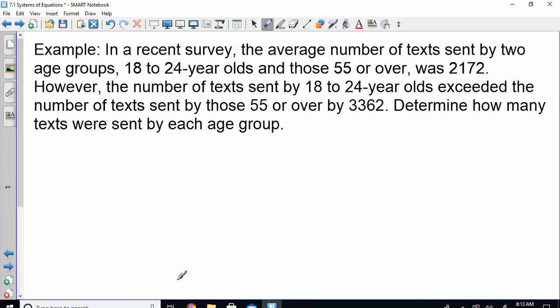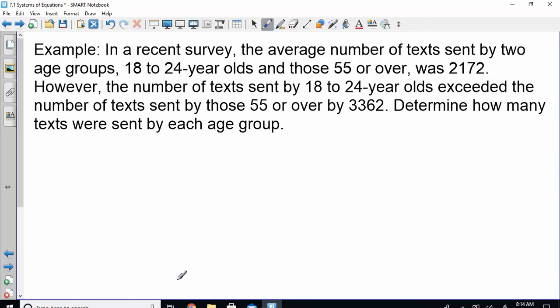In a recent survey, the average number of texts sent by two age groups, 18 to 24-year-olds and those 55 or over, was 2,172. However, the number of texts sent by the 18 to 24-year-olds exceeded the number sent by those 55 or over by 3,362. Determine how many texts were sent by each group.